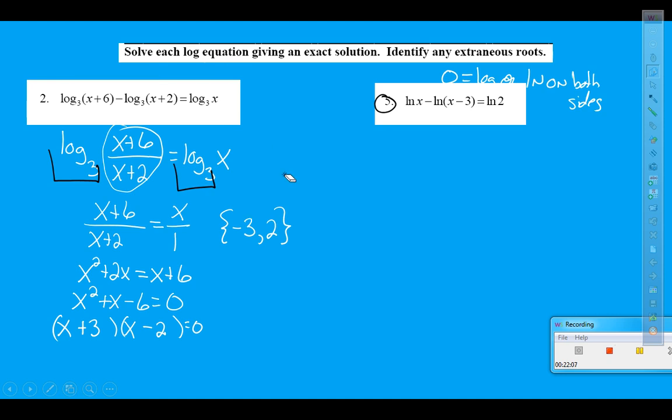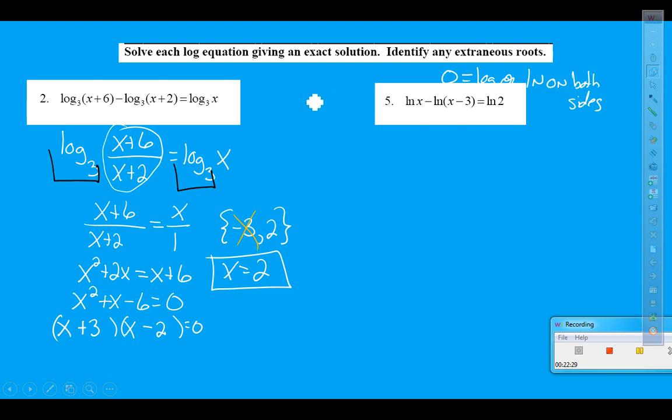It means we did all the work and we found it. It's just not going to work for us, though. So we've got to throw that away. My only answer then, x is going to be 2. So watch out for extraneous solutions. Usually when you have an equation, just make sure that when you sub it in, a negative doesn't show up.